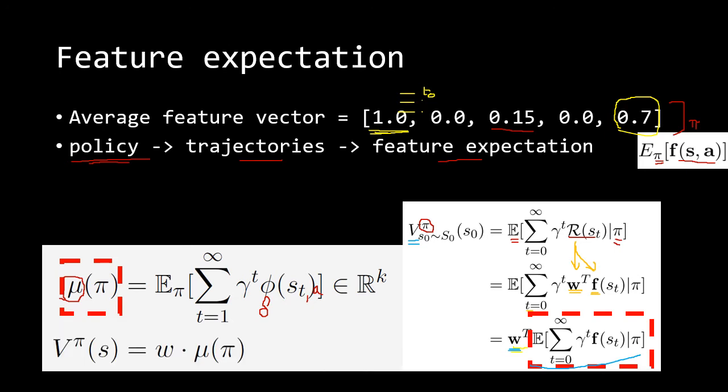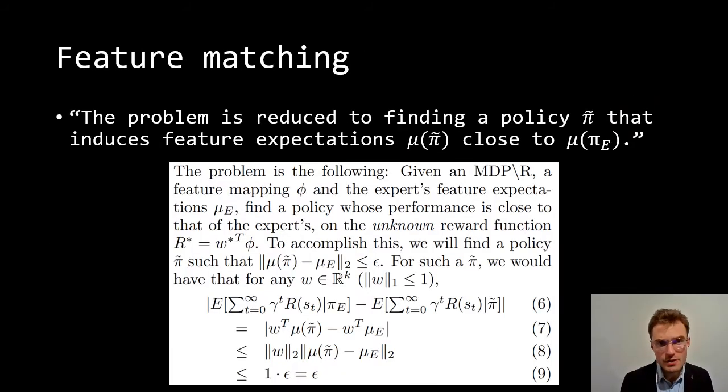This is this relation over there, which is linear because of the linearity of the product, and the assumption that the one step reward was the linear combination of a feature with the weight vector. This is the second thing to remember. And this result is very important because remember, the goal is to find a policy where you get the same performance.